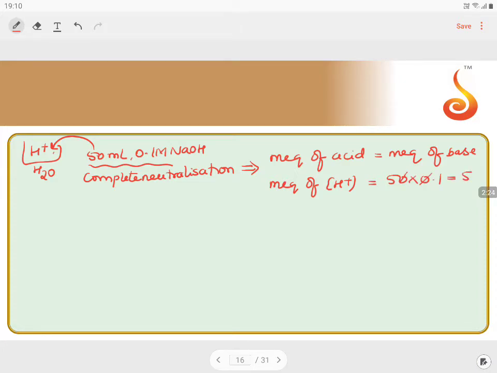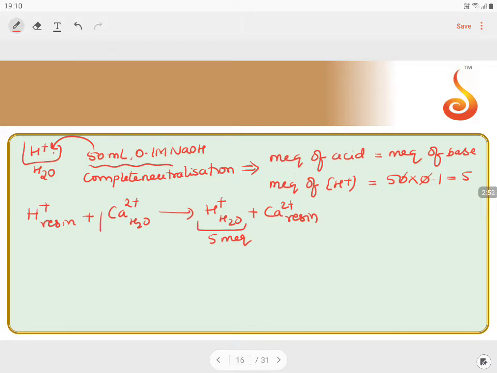Now the milliequivalents of H+. The H+ in the resin is treated with Ca2+ ion in the water, which is converted into H+ in the water and Ca2+ in the resin. This is the exchange which has happened. Now your H+ in the water is 5 milliequivalents.